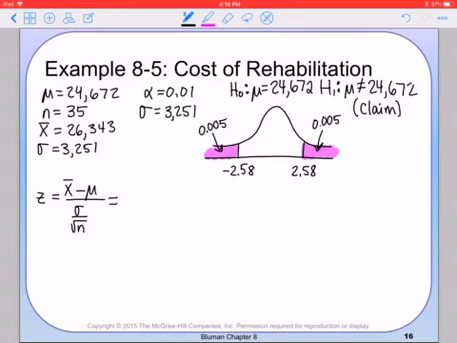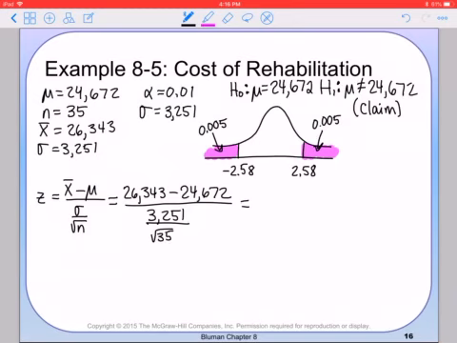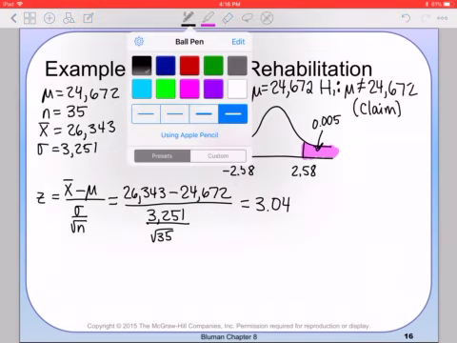And then that will tell us if we should accept or reject the null hypothesis. So here we are, just substituting in the values: 24,672 over the square root of 35. There we go. We do the math and we figure out that it equals 3.04.